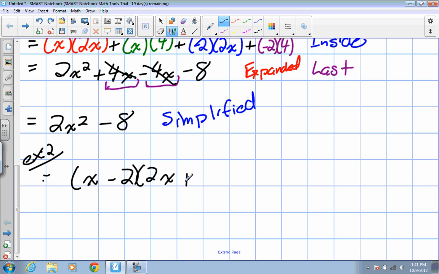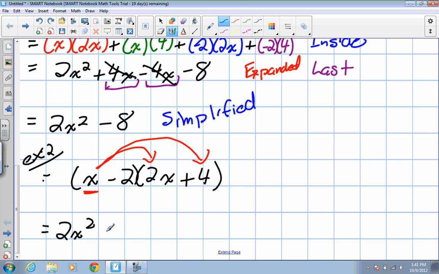Okay. The rainbow method is essentially taking the first term in the first bracket and multiplying it by both terms in the other bracket, kind of making a rainbow, you could say. Okay? So, this could be considered faster. What's x times 2x?